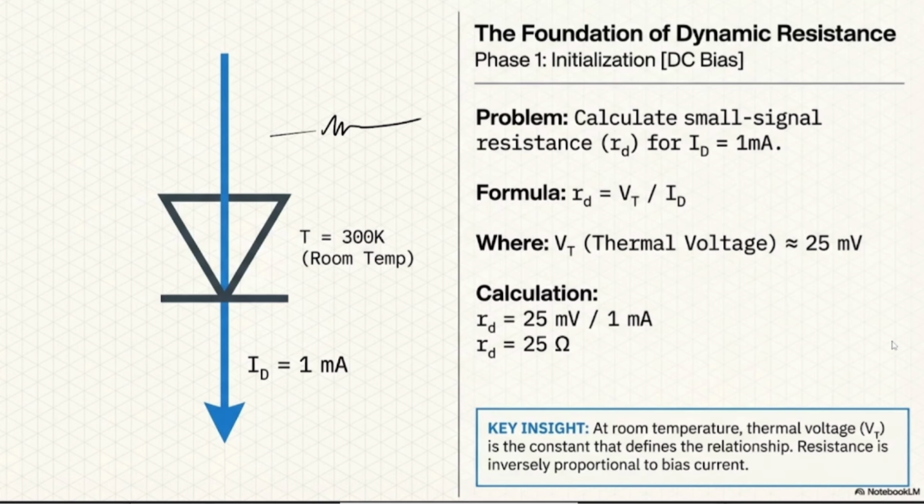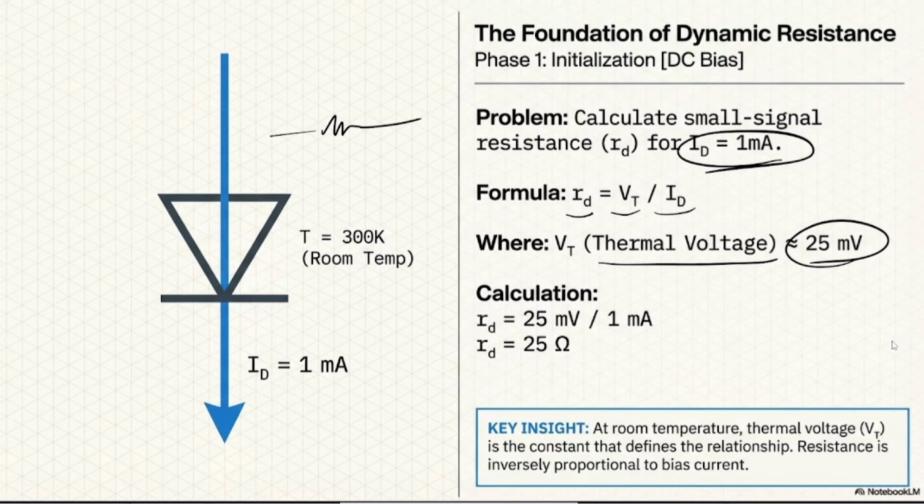The resistance RD is VT divided by ID. So if we assume that ID, the current that goes through the diode, is 1 milliamp, and the thermal voltage, which is a very common value related to each diode, we just assume as 25 millivolts, then RD equals VT divided by ID, so RD is going to be 25.